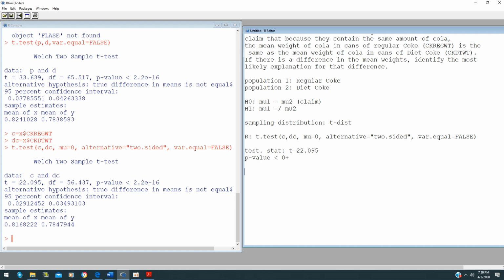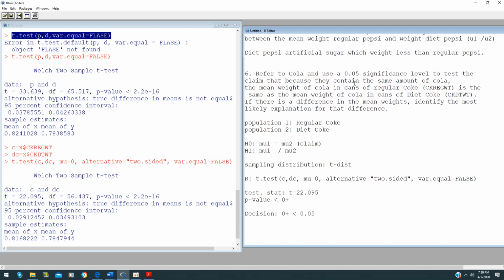So with this, we will make the decision here, and your decision will state that since your p-value is smaller than your alpha, and your alpha in this case is 5%, I believe it's 5%, let me check. Yep, it's 5%. So your decision here is that we will reject your null hypothesis.